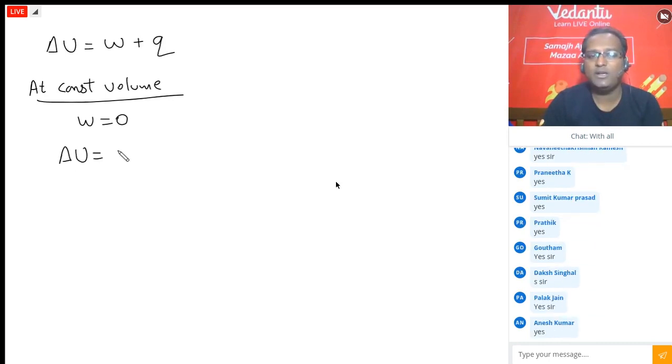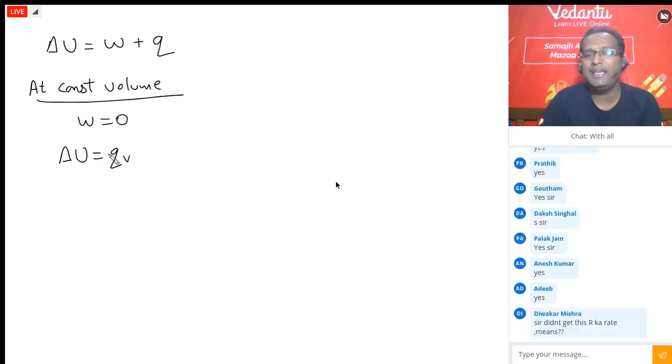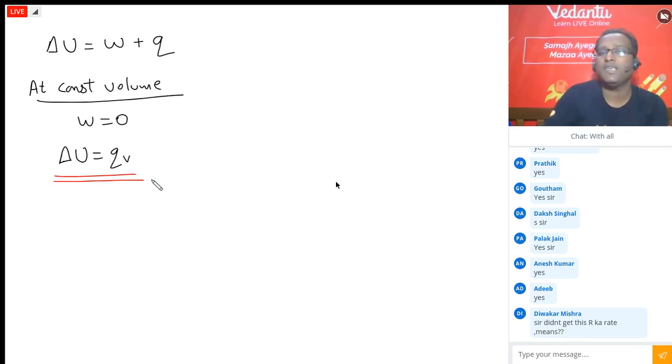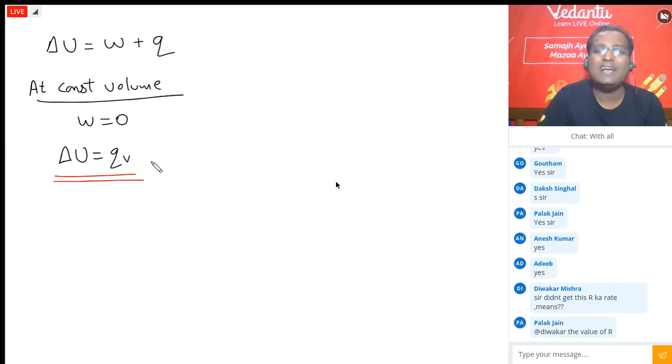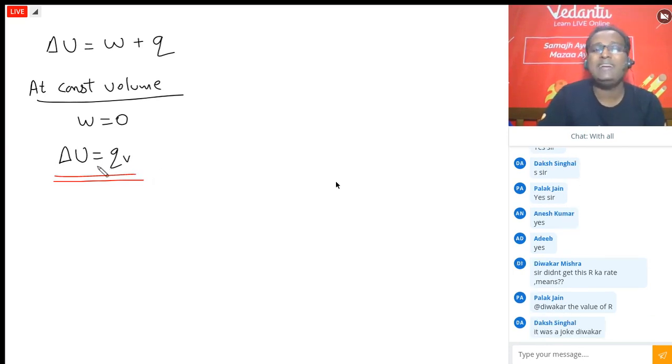Implies delta U equal to Q. I'm writing it as QV, indicating heat exchanged in a constant volume process is equal to delta U. It is a very important point to be noted because they use it in questions directly. They will tell you heat exchanged in a constant volume process is 200 kilojoules. That means they are actually trying to tell you the internal energy change in the process is 200 kilojoules.